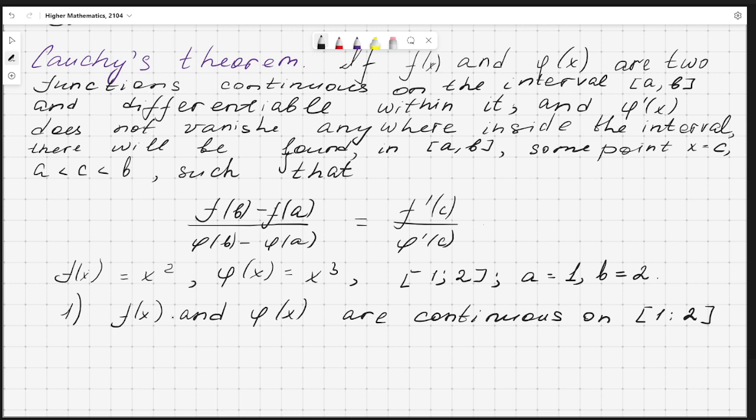Then the second, f prime of x is 2x and phi prime of x is 3x squared, exists in this interval.